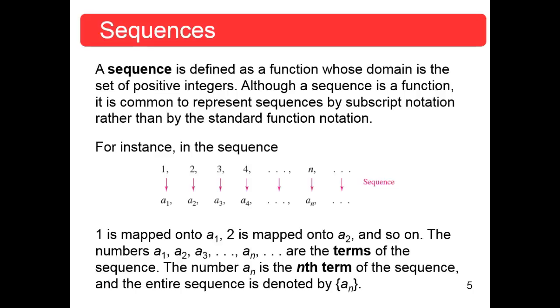We're talking about what a sequence is. It's actually a function, but usually denoted by subscripted notation. The domain of the function is positive integers. So each term in that sequence is represented by a sub n, where n is some integer.